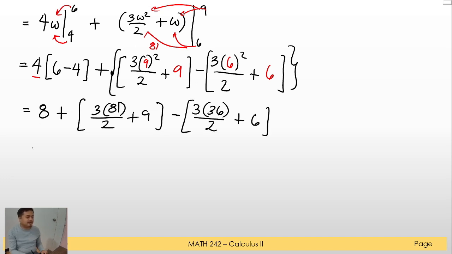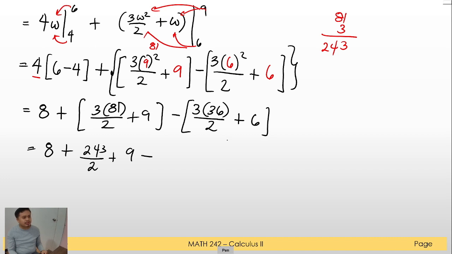Okay, now how do we simplify this? So we have 8 plus 3 times 81 over 2. This seems complicated, guys. So 3 times 81 is 243, so 243 over 2 plus 9, minus, and then 3 times 36 is 108.